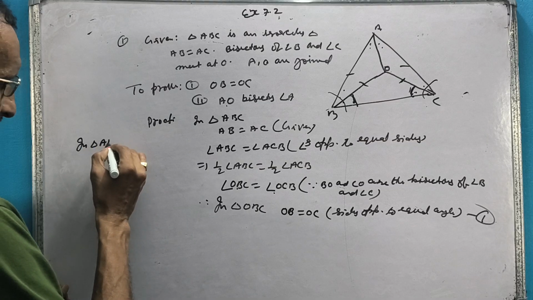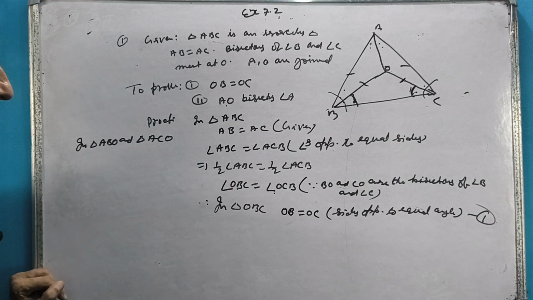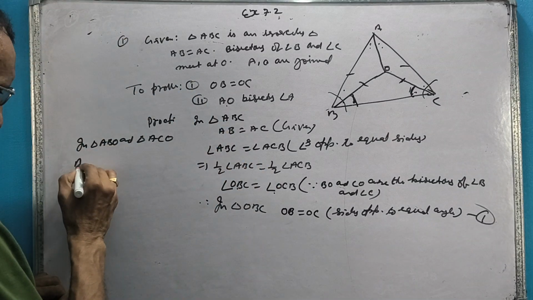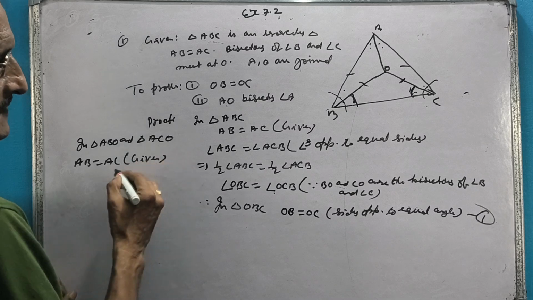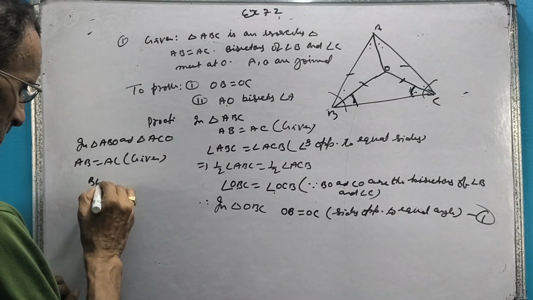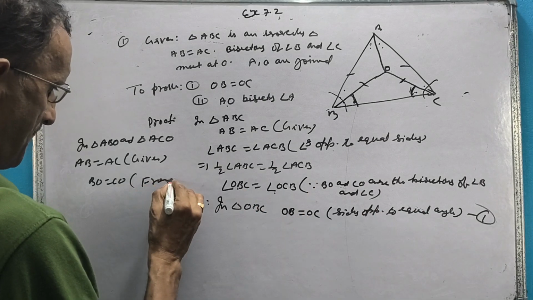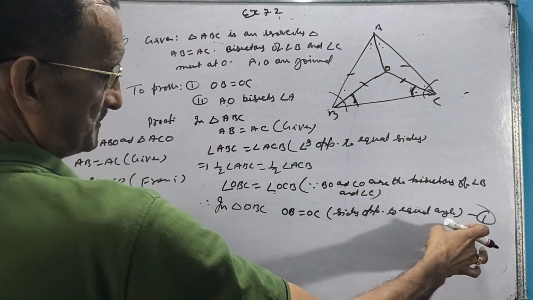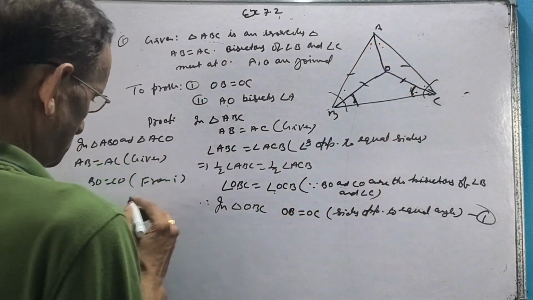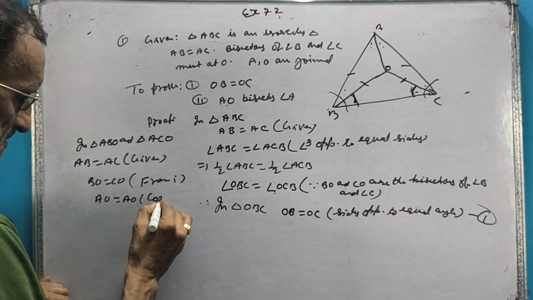In triangle ABO and triangle ACO, AB equals AC, given. BO equals CO, which we have proved in part 1. And AO equals AO, a common side.